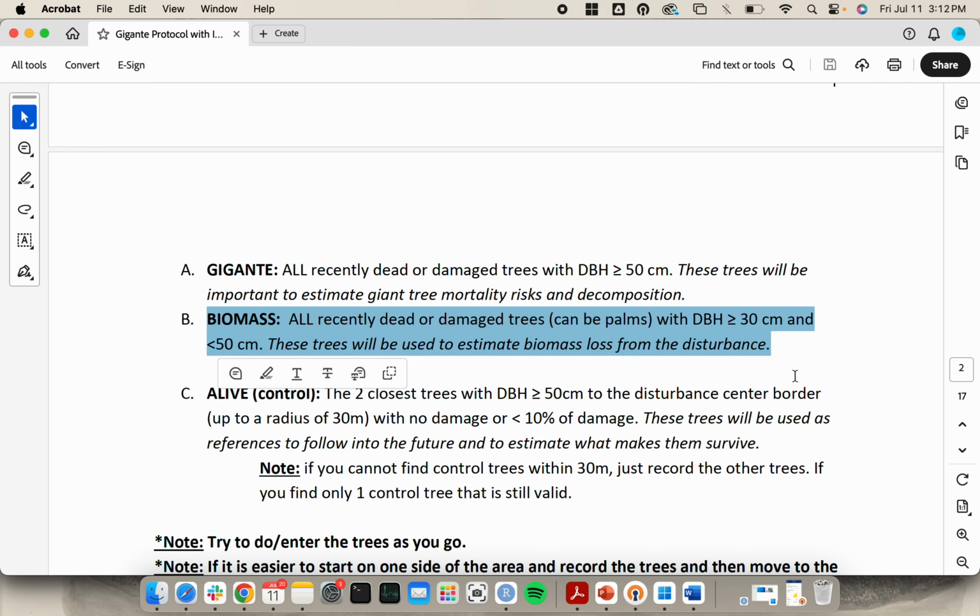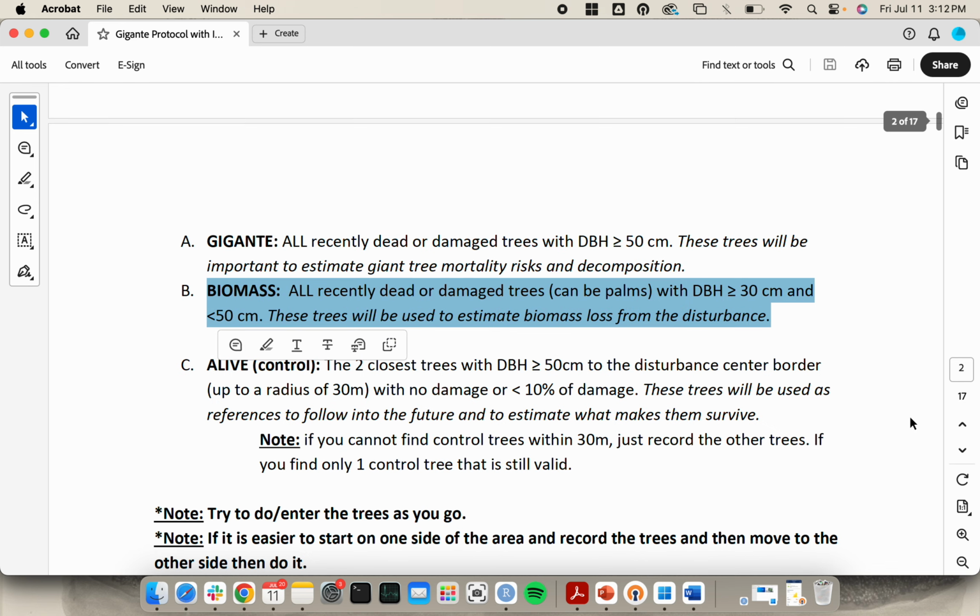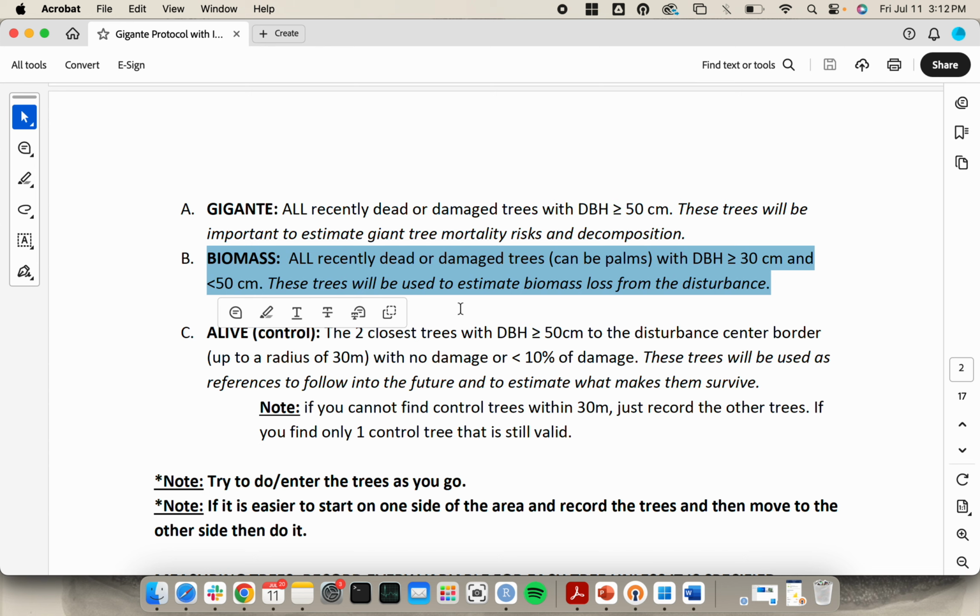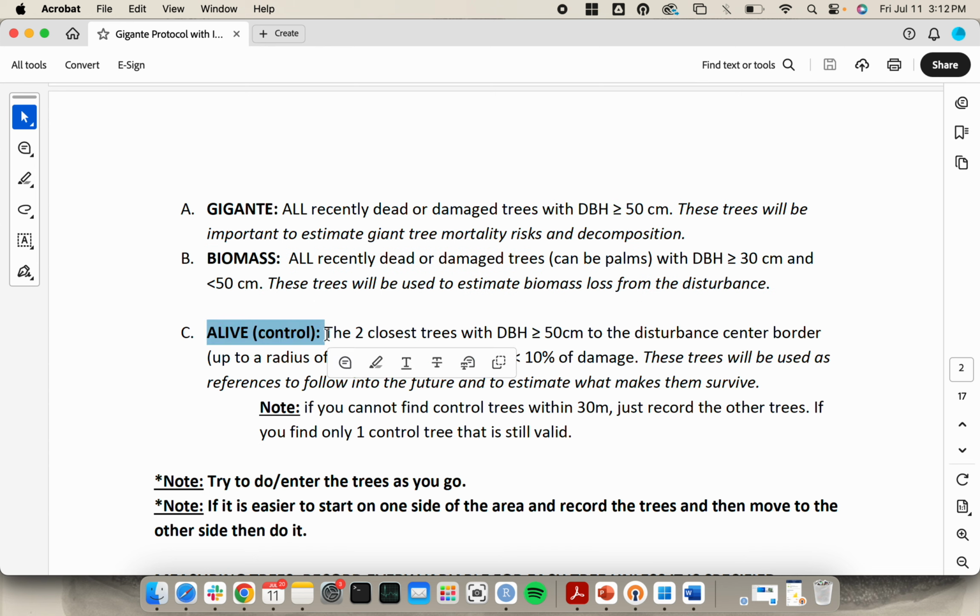You can also identify biomass trees, so trees with DBH between 30 and 50 centimeters. You also look at them, make sure that they are damaged by the current disturbance. And then you also have to find two control trees, which are the closest trees with DBH higher than 50 centimeters that have no damage or very, very small damage.